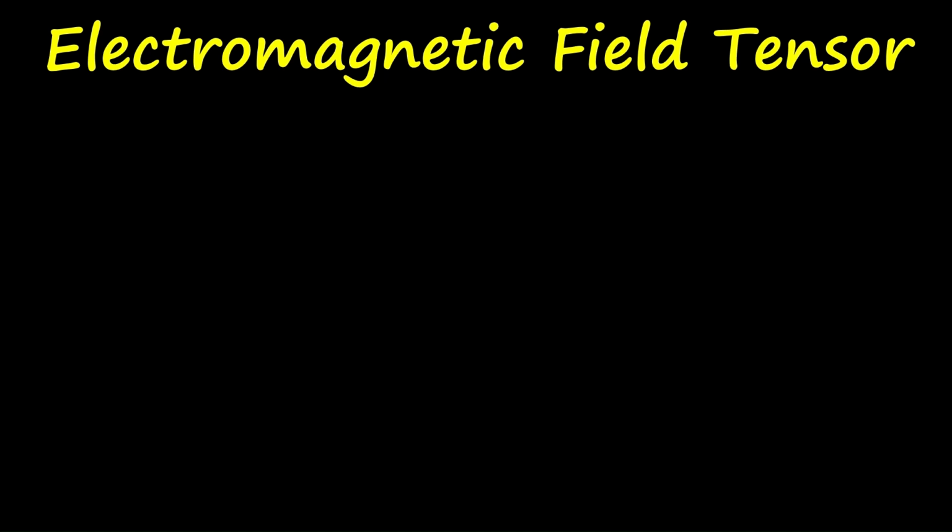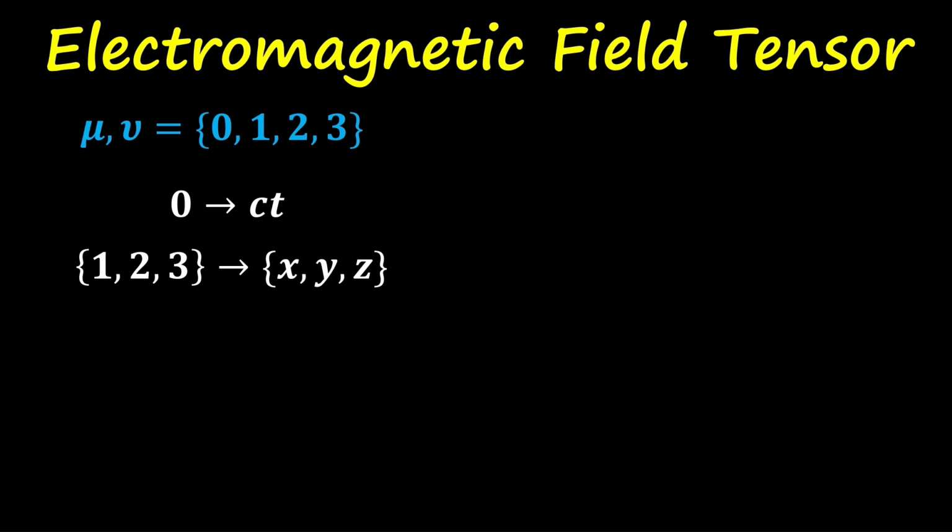The electromagnetic field tensor can be represented using two indices, mu and nu. Now this mu and nu can have four different values. Here, 0 corresponds to the time part, and 1, 2 and 3 correspond to the space part. Since mu and nu can have four different values, this tensor can be represented by a 4 by 4 matrix.